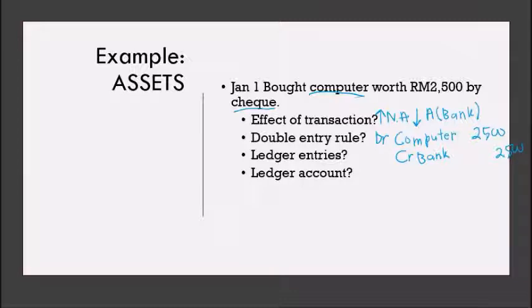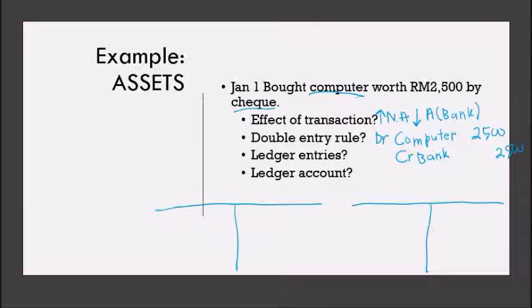So ledger account. Let's make a ledger account or a T account. As you can see, there are two accounts involved. When two accounts are involved, you have to open two T accounts. Okay, since they're separated, there will be two different T accounts.